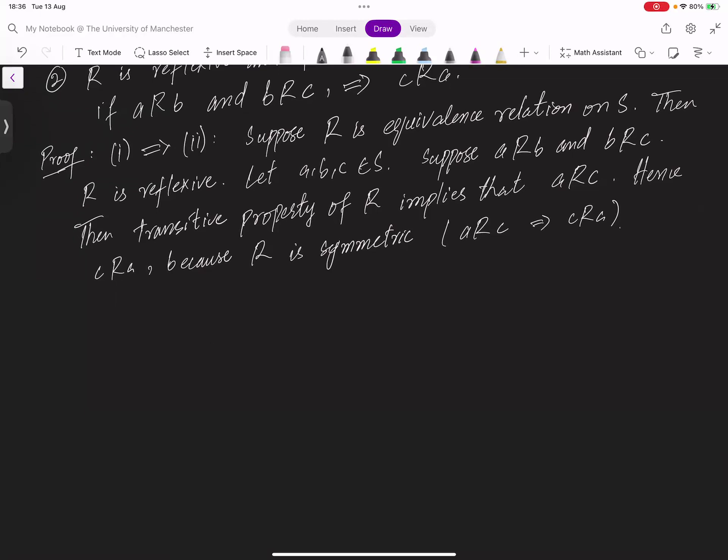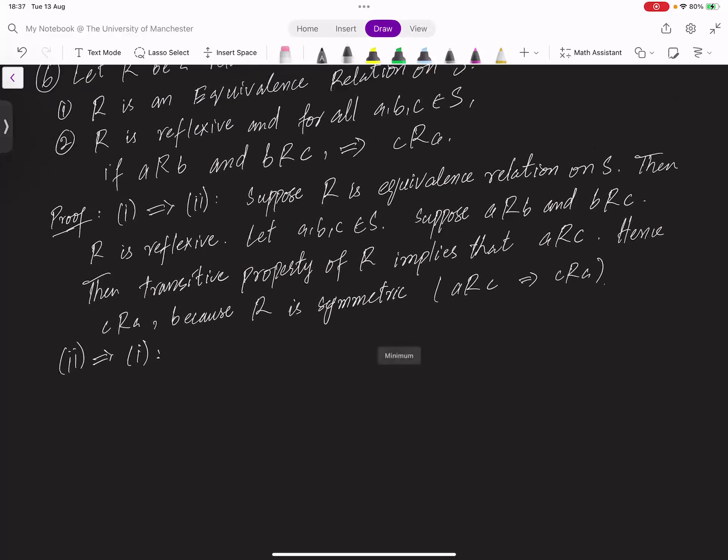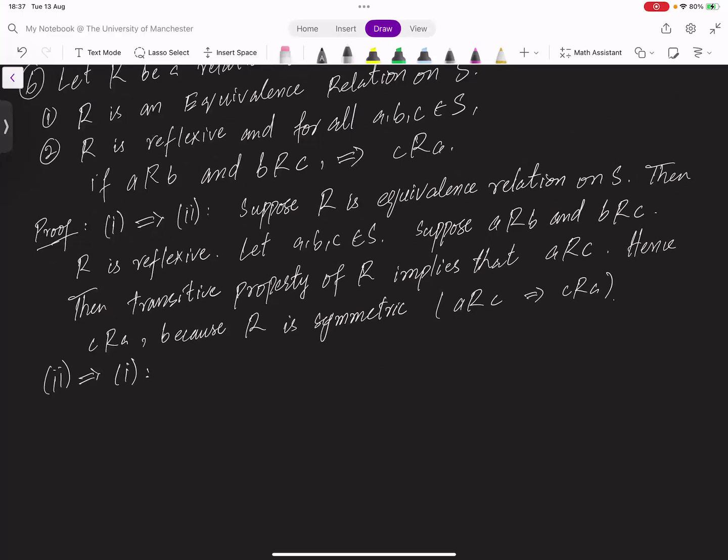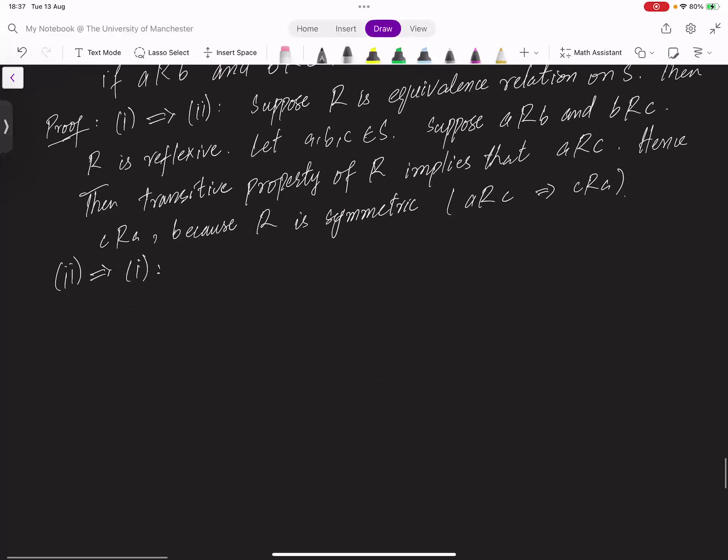And then we can assume two is true and two implies one. So number two implies 1, and how to solve that. We now know that we have all this information which is in 2. We just need to make sure that 1 is true.